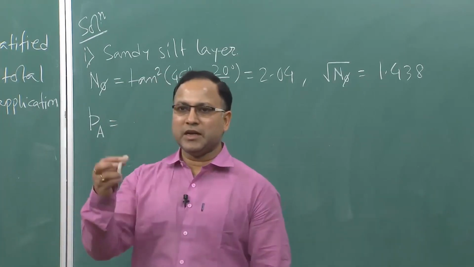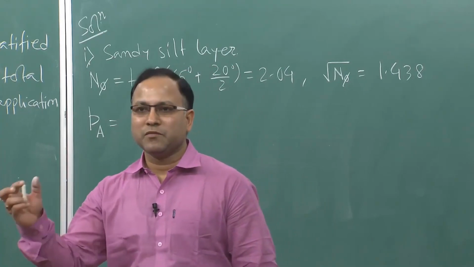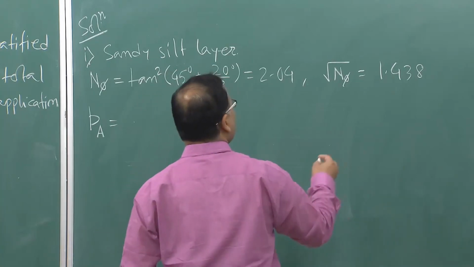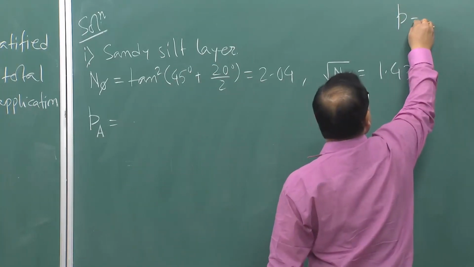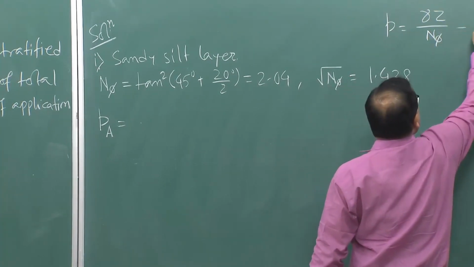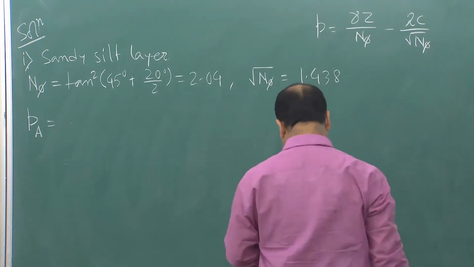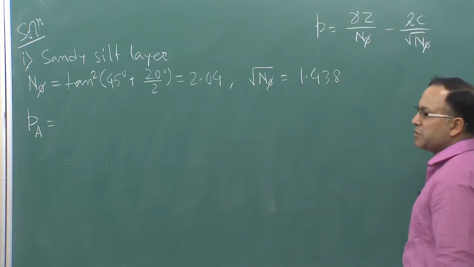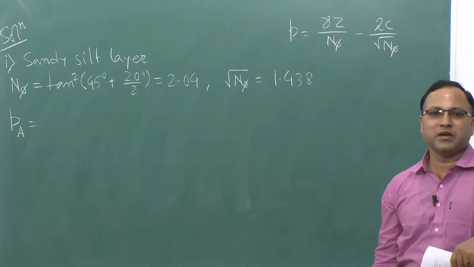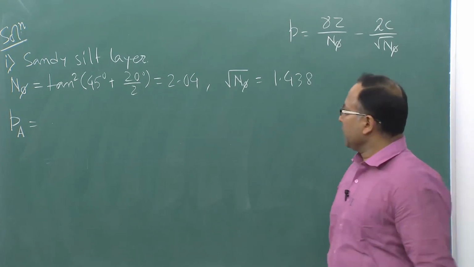You know that it is gamma z by N phi minus 2c by root over N phi, that is the actual expression, right. In case of cohesionless soil, P is gamma z by N phi; here it is gamma z by N phi minus 2c by root over N phi. Already you have seen this equation several times in the numerical problems we solved in the last classes.